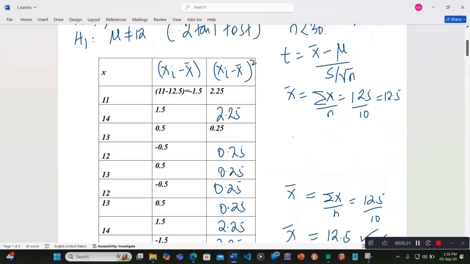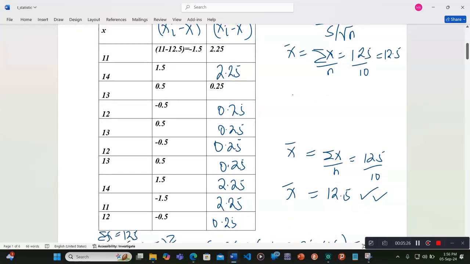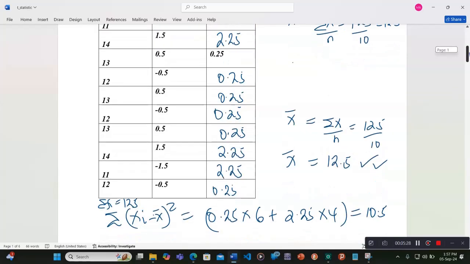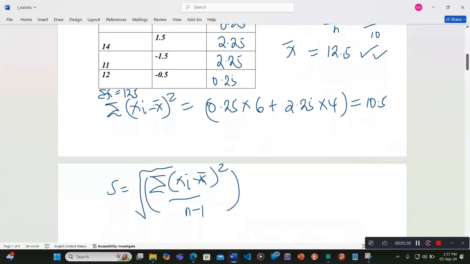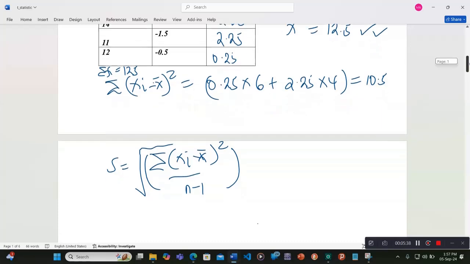Then from there, we square them. When I square, these are the values I'm supposed to get. And from that, I need to get the sum of xi minus x bar, everything squared. So what I get is 10.5.